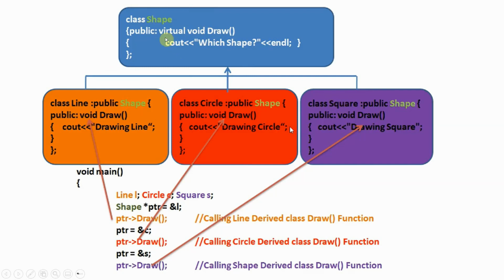The function draw is a virtual function, so you have a pointer, and depending on what kind of object that pointer is pointing to, it can call either this function, this function, this function, or the Shape class function.